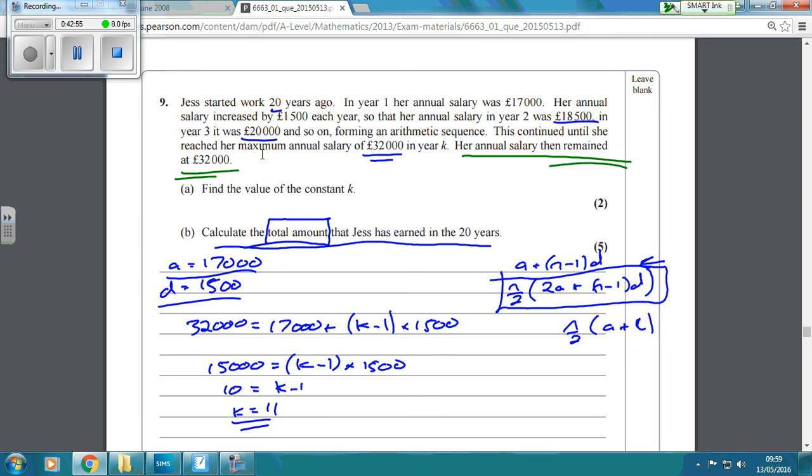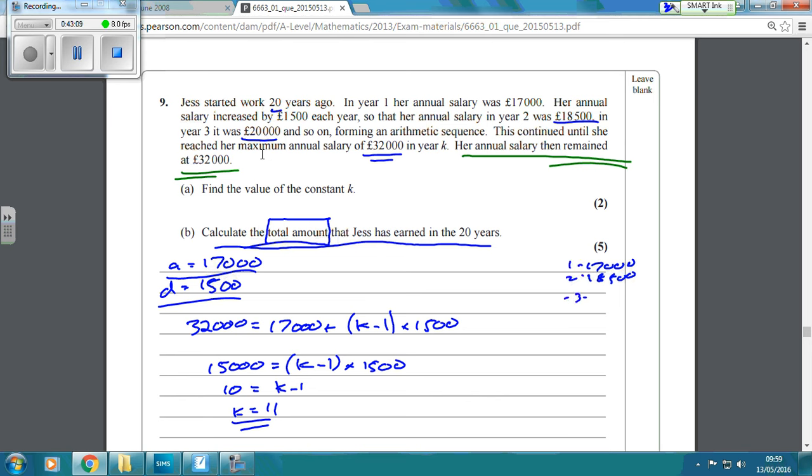Because if we have a quick look at what's happening here, we've got 17,000. Next year you got 18,500. So that's the first year, second year, third year is 20,000. Fourth year is whatever that turns out to be, up to the 11th year, where it is 32,000.